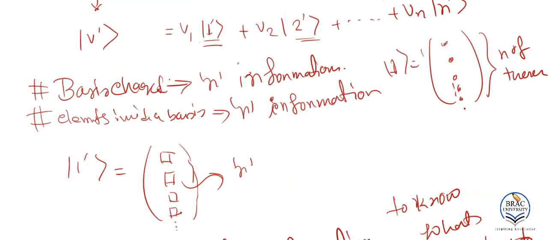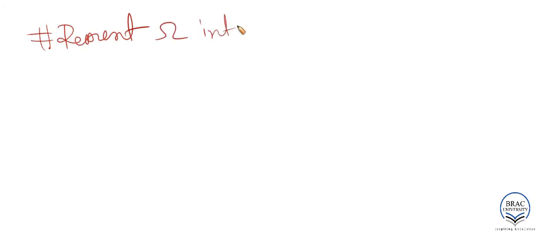And all of these observations motivate us to represent omega in terms of a matrix, right? Let me just demonstrate it in a simple manner.